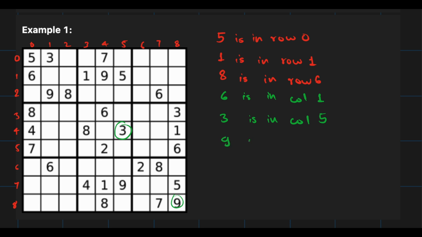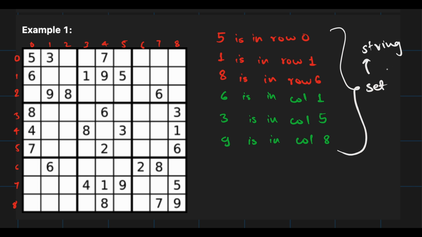So 9 is in column 8. So like this, we have to put everything inside a set. This set will be of type string. It's the only way we can store this kind of statement inside the set. We have to use a string value. Now rows are done, columns are done.